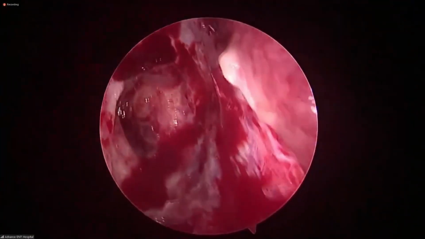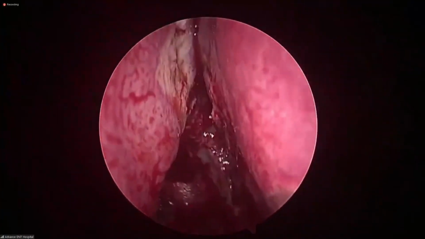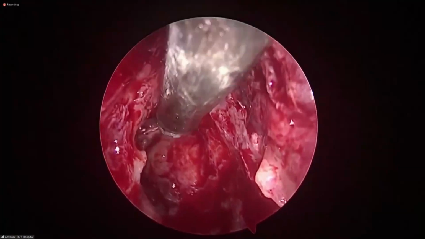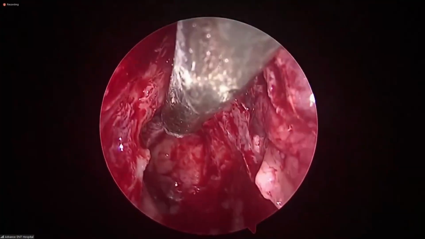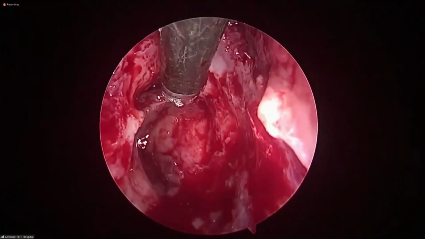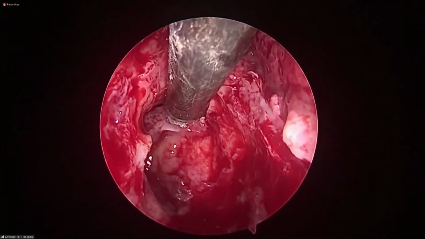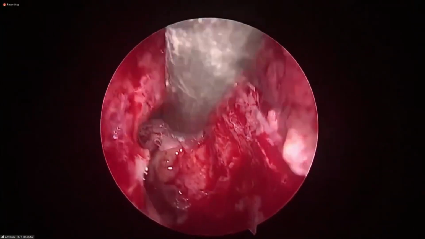See something? That's the cell, sir. There's a frontal opening and the cell behind it. See this cell which is narrowed.